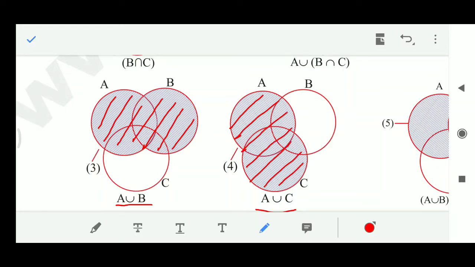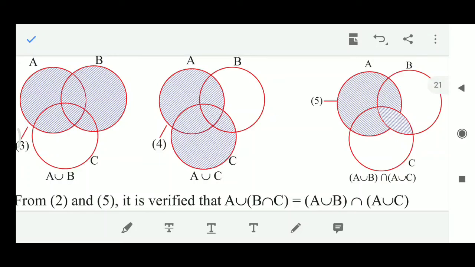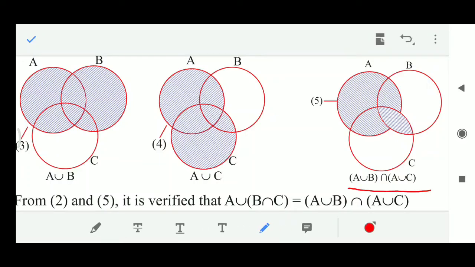Then the fifth one, the intersection of these two, (A union B) intersection (A union C), gives the answer, which is equal to the second diagram, A union (B intersection C).